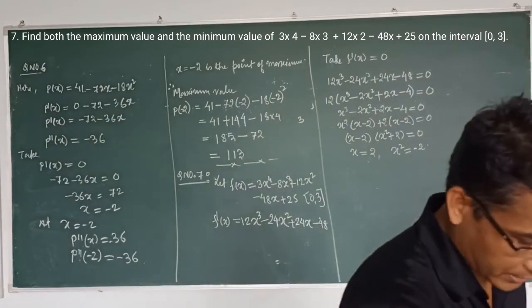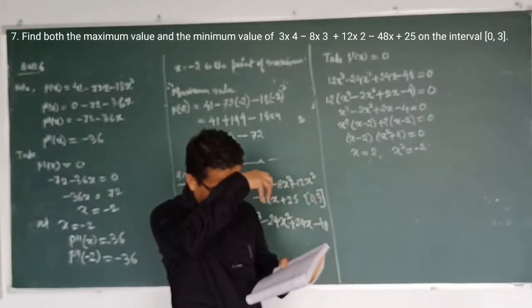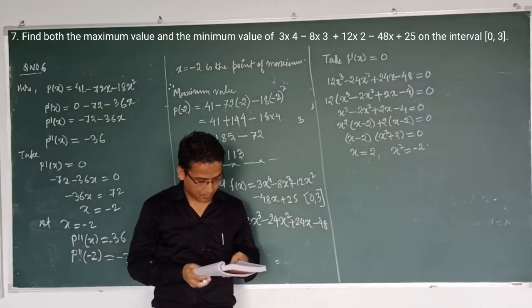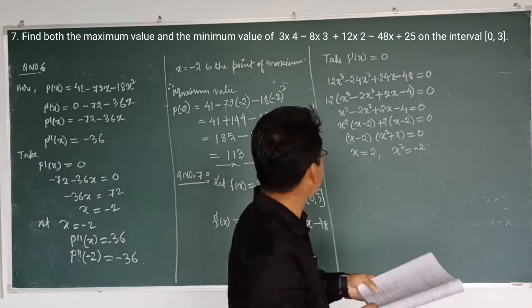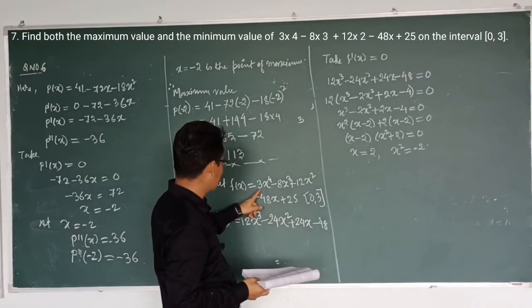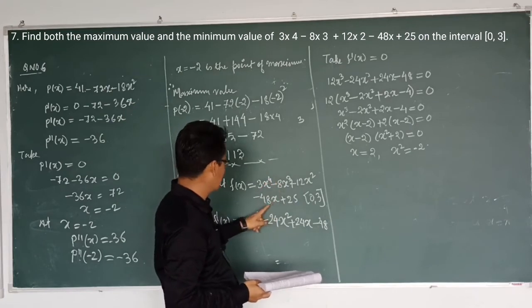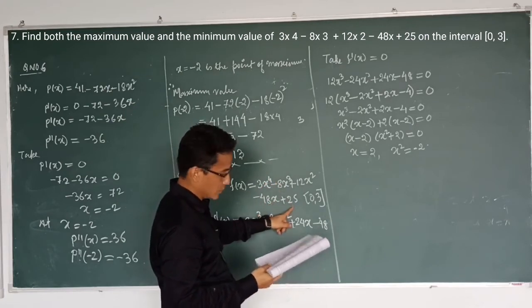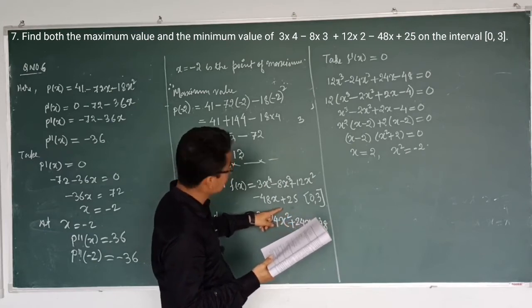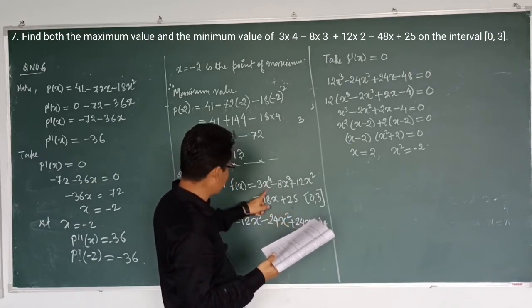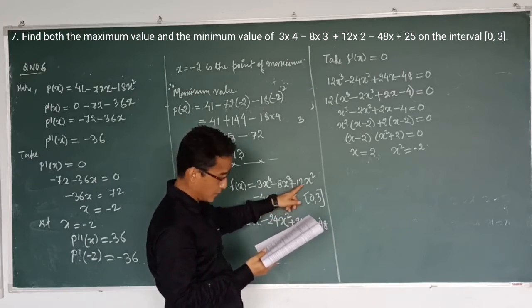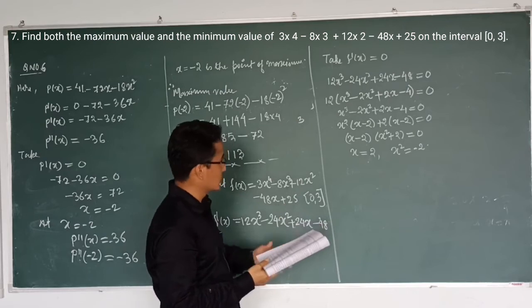So our question is 3x to the power 4 minus 8x cube plus 12x square minus 48x plus 25.